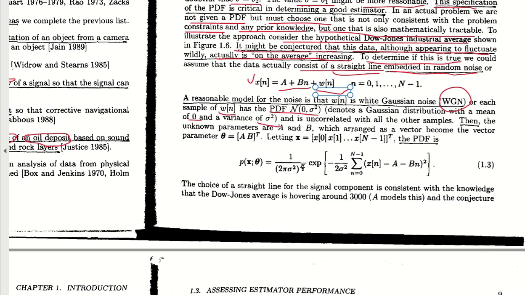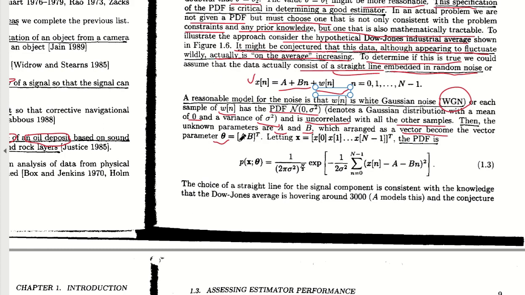And it's uncorrelated with all other samples. Then the unknown parameters are A and B. A and B are the parameters which we arrange as a vector, the vector parameter theta equal to [A B] transpose.